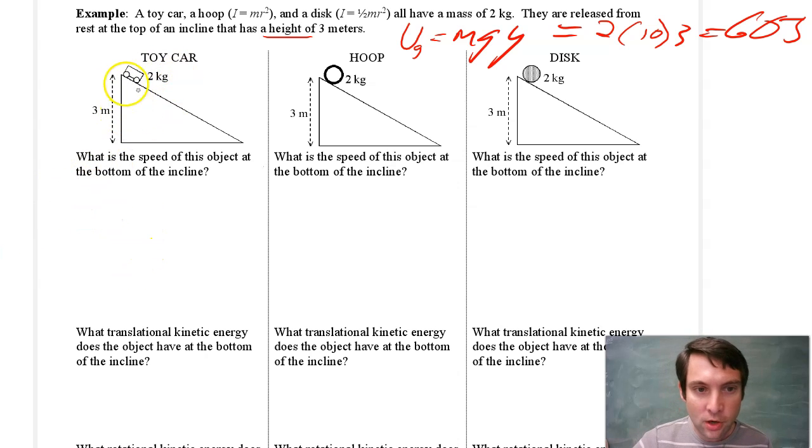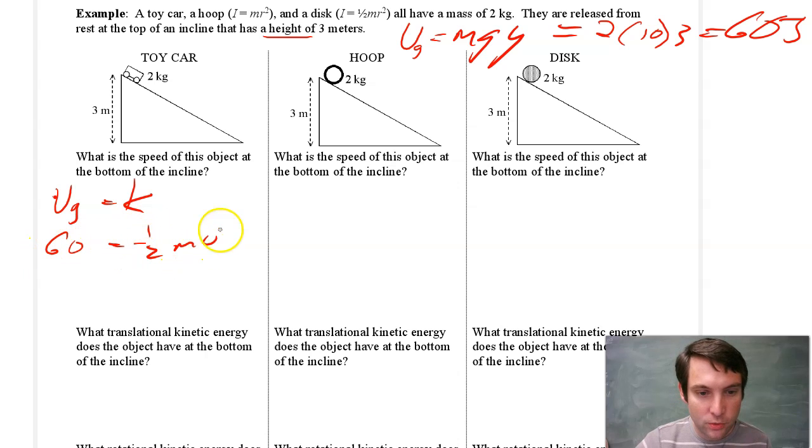Toy car is just going to go down like normal, so that means all of our gravitational potential energy is going to be equal to kinetic energy. So it's going to be the 60 joules equals 1/2 mv squared.